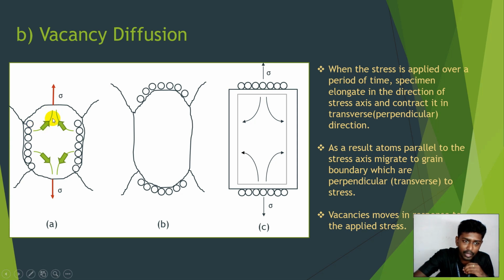But the direction shown here is the opposite. This is because the arrow represents the vacancy migration, and vacancy migration is noted in the diagram opposite to the atomic migration. That is why it is provided in this manner in the diagram.